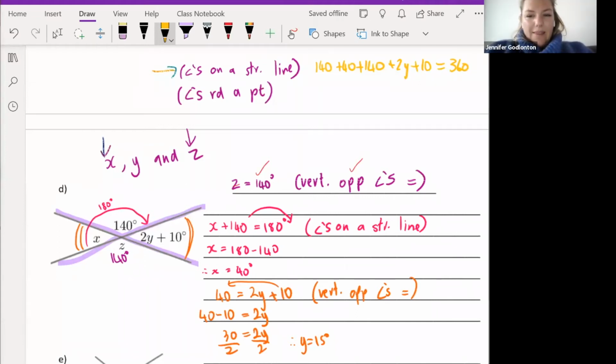Not one bit. What's missing? Oh, a lot. Okay, so just remember when we do angles around a point, it has to be all of the angles in that whole thing to equal 360. I think Namaza maybe decided to take everything and equate it to 360 without finding bits and pieces first.